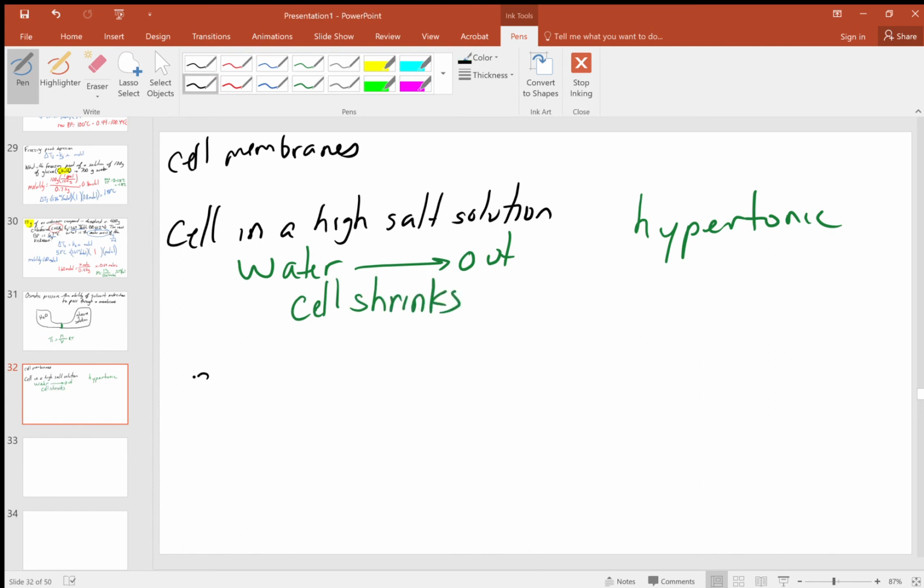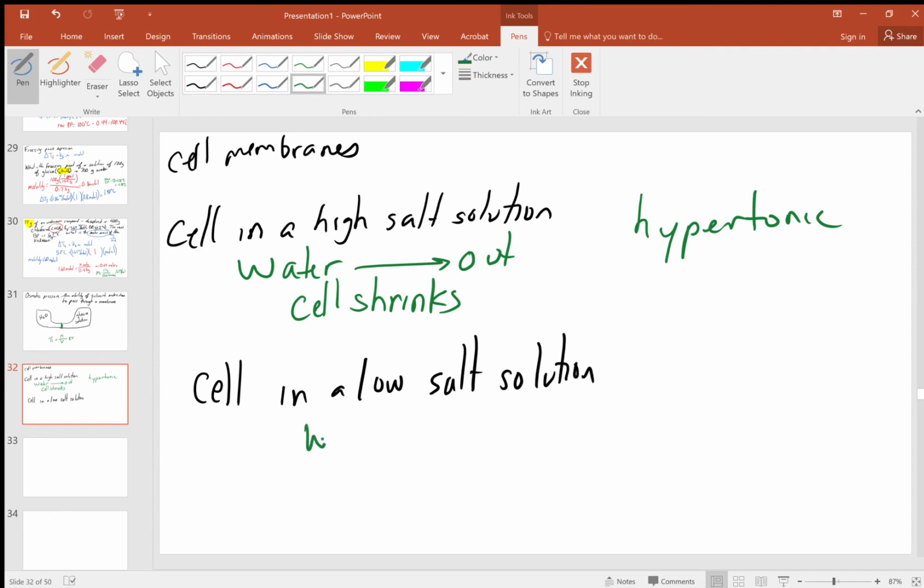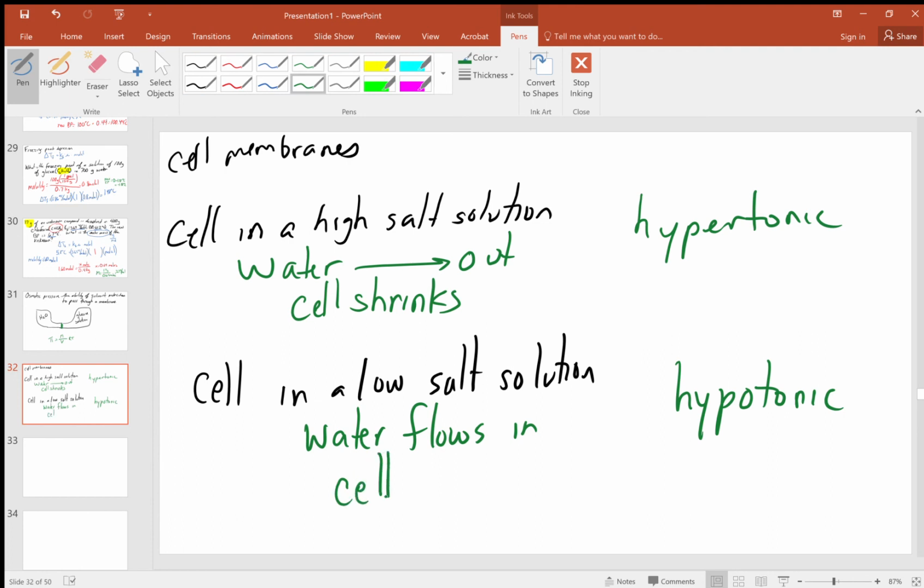We can also have the opposite situation, that the cell is in a low salt solution. Now, based on the pressure, the water will flow into the cell. Or we have a hypotonic situation, and as a result, the cell gets larger.